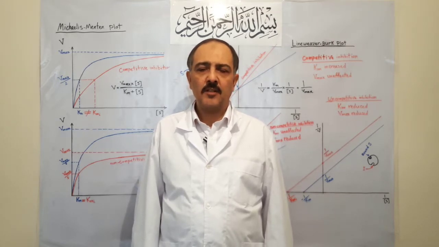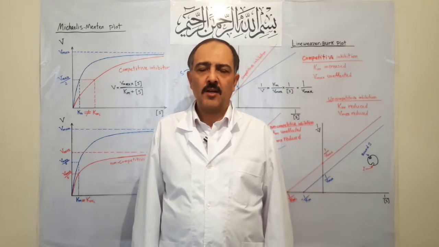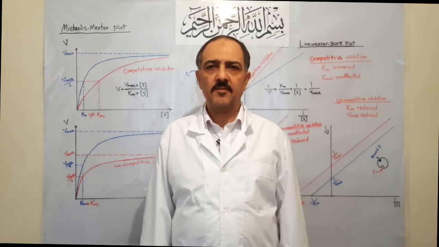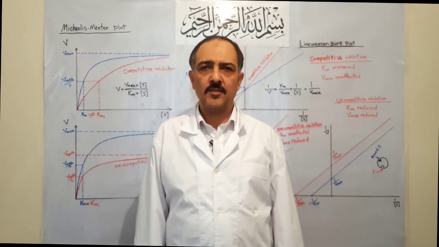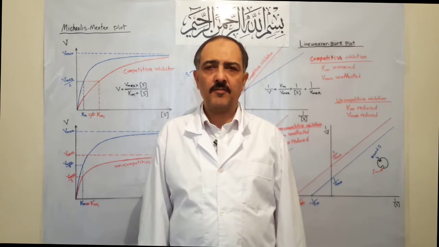At this point, due to excess of substrate, all of enzyme molecules are in the form of enzyme-substrate complex, and the maximum rate of enzymatic reaction is reached. I also mentioned that the Km is the substrate concentration at which the rate of enzymatic reaction is half of the maximum rate of that reaction.